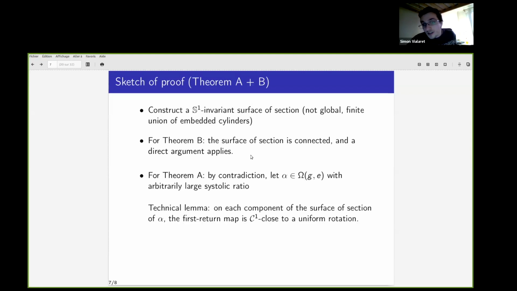So now the technical part of the proof, let's say, is that we prove that if you have such a contact form with large enough systolic ratio, then this actually forces the first return map on each component of the surface of section to be close in a controlled way to a uniform rotation of the cylinder.